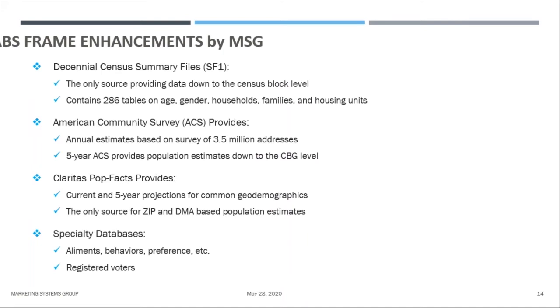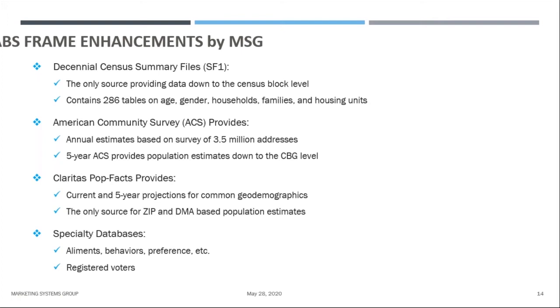Let me provide a little more detail about how the marriage of public and private data occurs at the MSG. On the census side, we take advantage of the latest summary file, which is the only source that provides data down to the census block level.